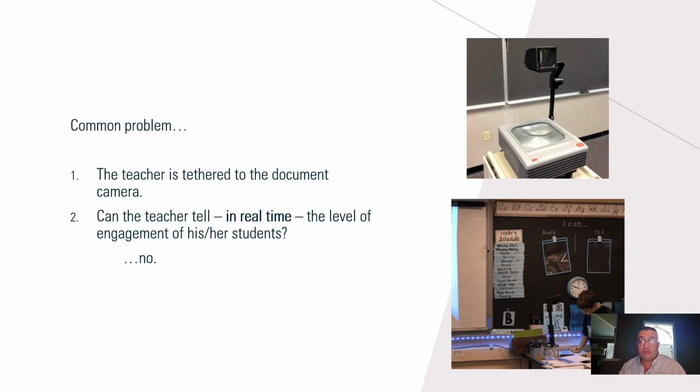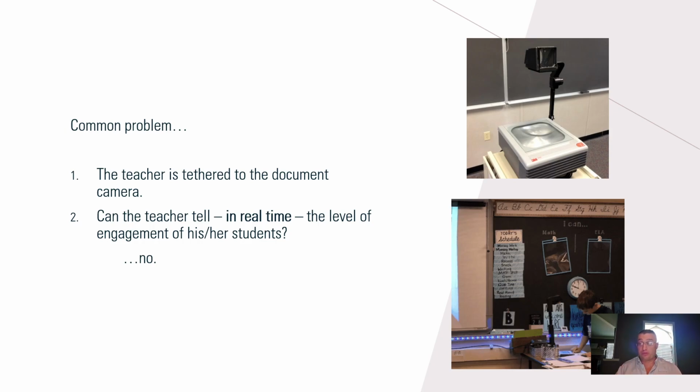If there's an issue three or four rows back between Johnny and Susie, Johnny's picking at Susie for something or whatever, all the teacher can do is either stop the whole class and address them, stop the lecture entirely, stop the lesson, walk over between Johnny and Susie and figure out what's going on, or he or she can just yell at them from up front, both of which are not desirable in the classroom.